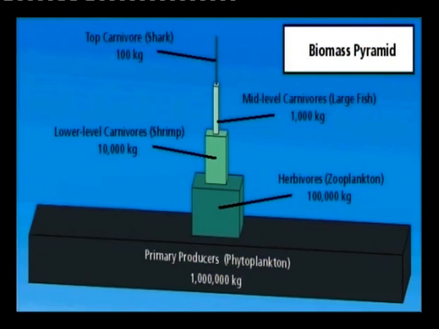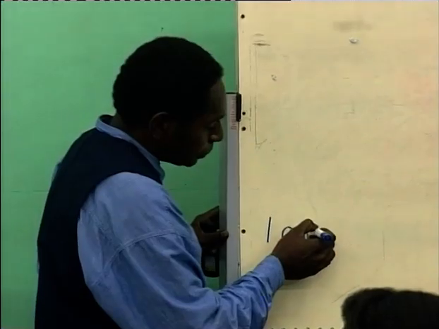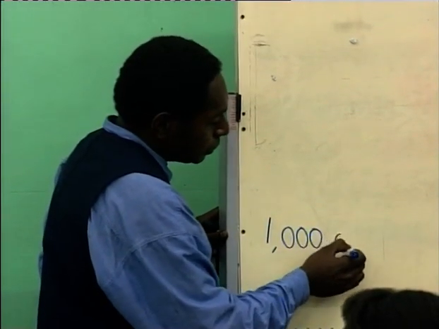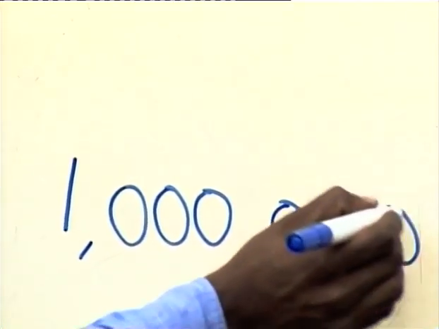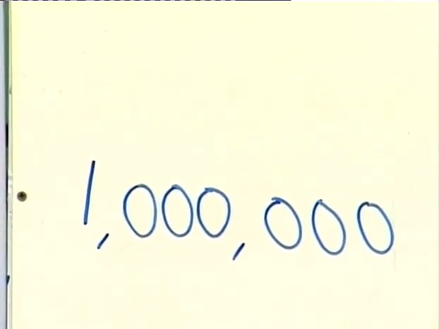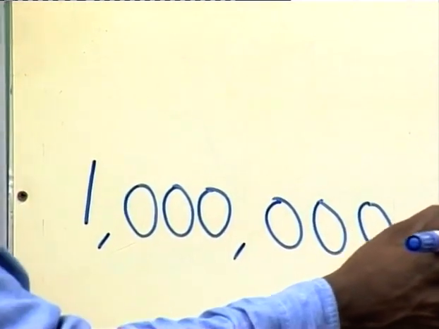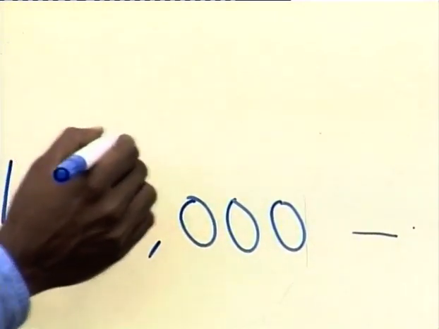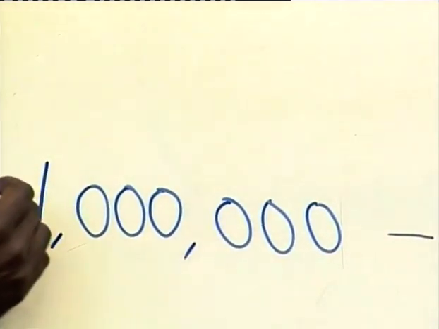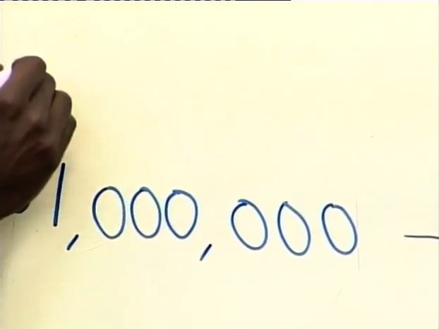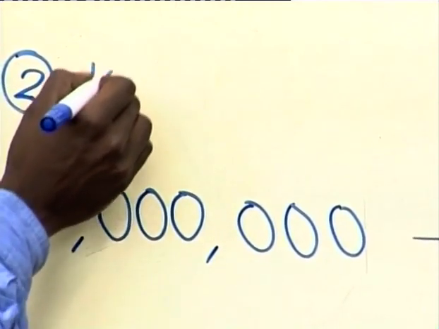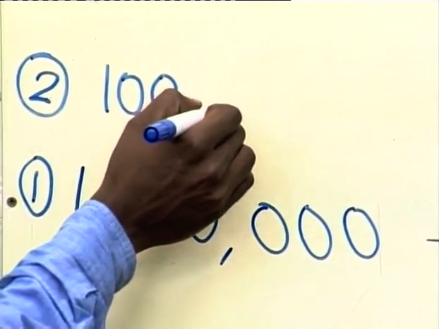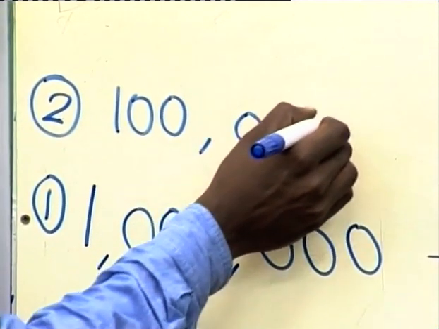What was at the very bottom? 1 million. That was right at the bottom. Producers. And then the next one, followed by 100,000.